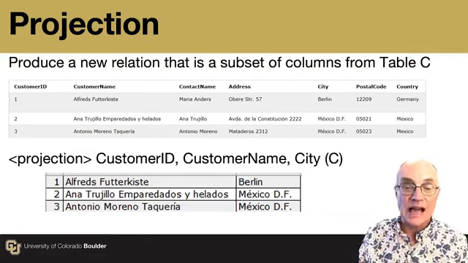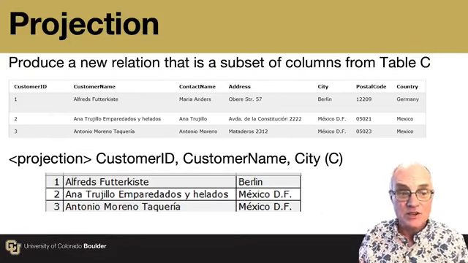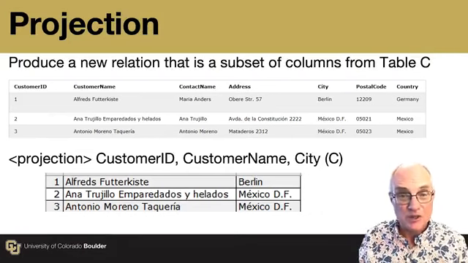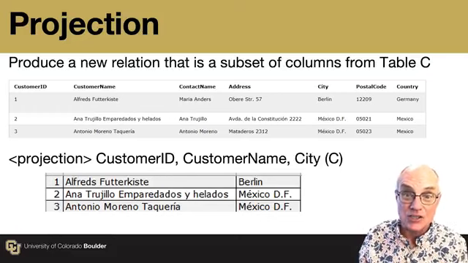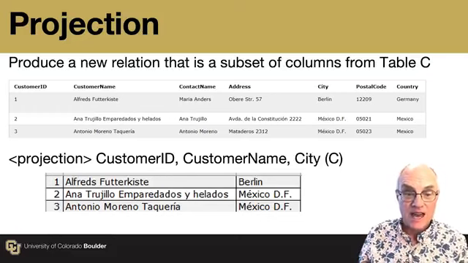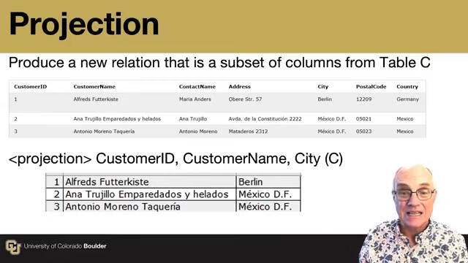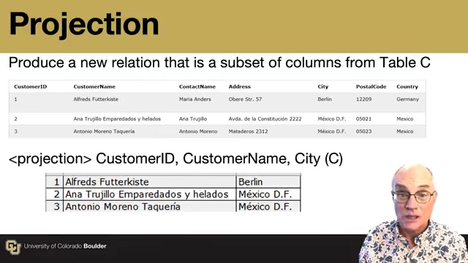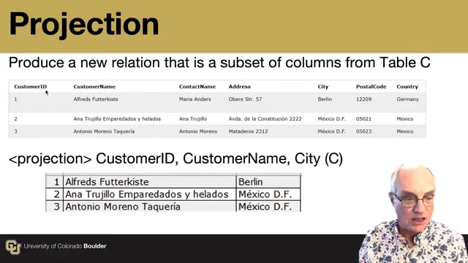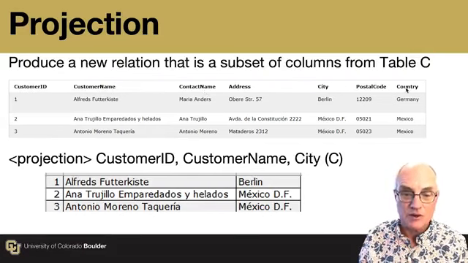Another relational algebra operation is called projection. What's a projection? It's a relational algebra operation that allows me to get a subset of columns from a relation. So in this case, I've got a table C, a relation, and I've got these columns: customer ID, name, contact name, address, city, postal code, and country.